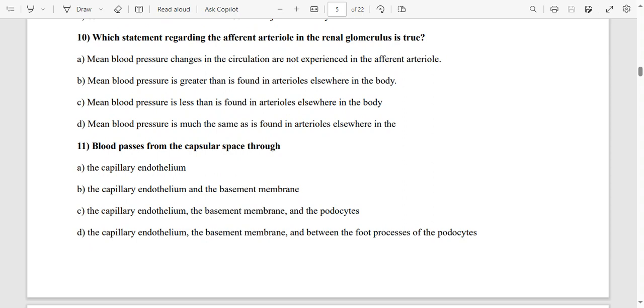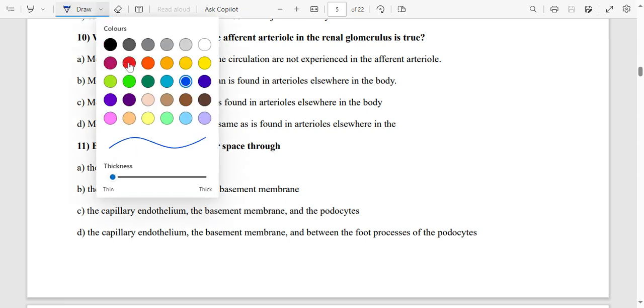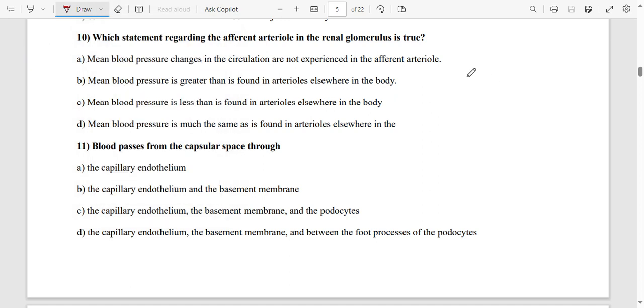Which statement regarding the afferent arteriole in the renal glomerulus is true? We know afferent. We have a blood vessel that is taking blood. Here is the Bowman's capsule.